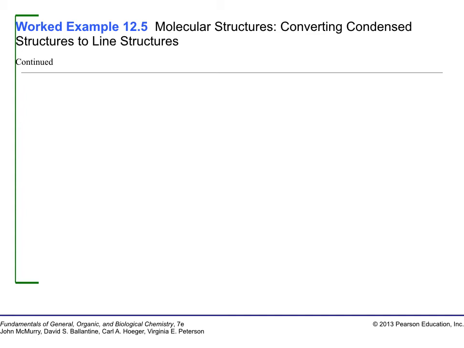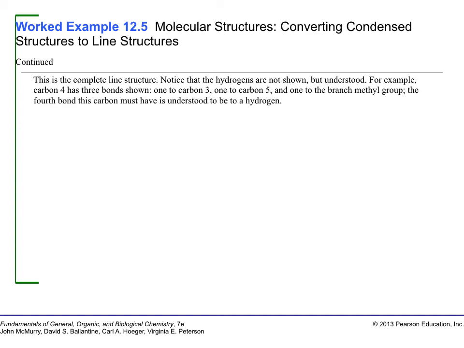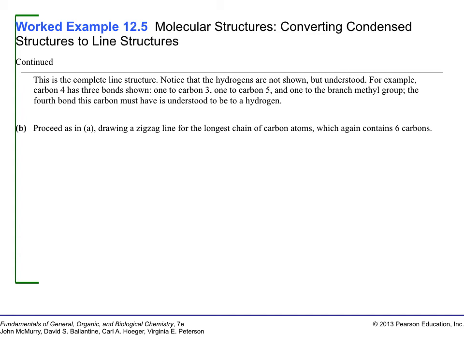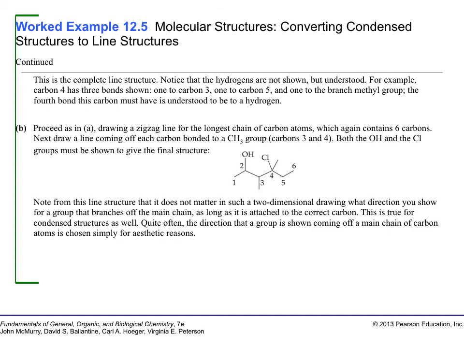On that second example, where this is the complete line structure, you're going to look at how many carbon atoms you have, and you're going to draw the zigzag line, 1, 2, 3, 4, 5, 6 carbon atoms as well, but this time on carbon number 2 you have an OH attached to it, you need to show it, and on carbon number 4 you have a chlorine attached to it, you need to show it.